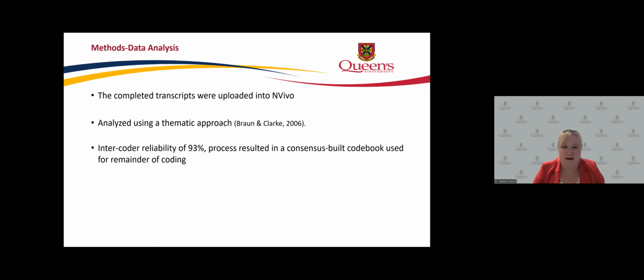There were only instances, 7% of that selected coding sample, where we disagreed, and during those instances of disagreement, we just worked through them and decided on how it should be coded, and this process really resulted in a consensus-built code book that was then used for the remainder of the coding.